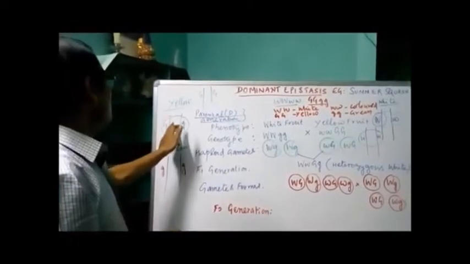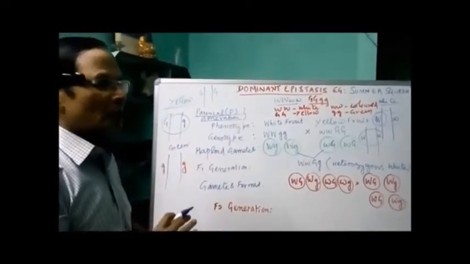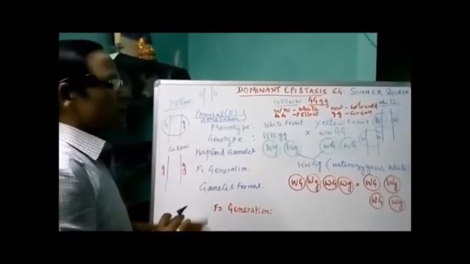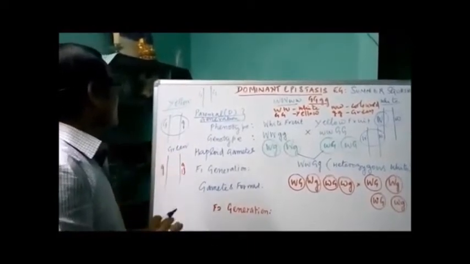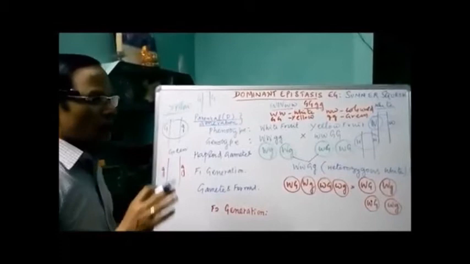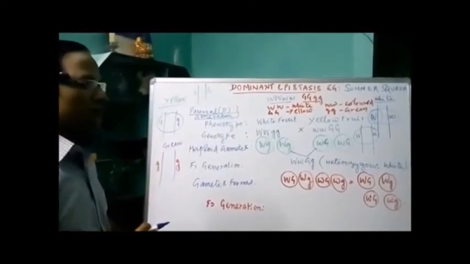Now the yellow color appears only in the absence of the dominant allele W, whereas the dominant allele G can express itself as yellow color and suppresses the expression of green color. So capital G is expressed only in the absence of capital W.